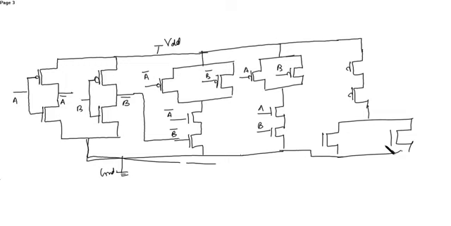These have the inputs A bar, B bar and AB. Similarly here, this is the final output Y that gives the output A XNOR B.